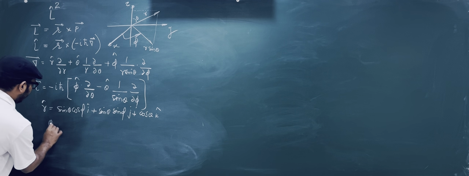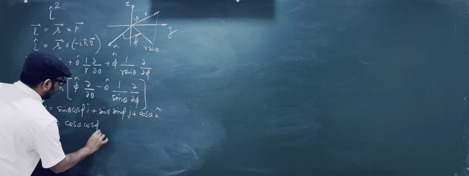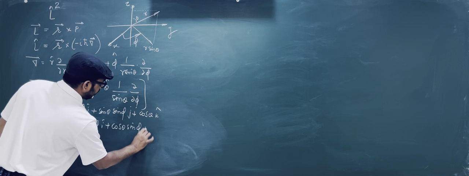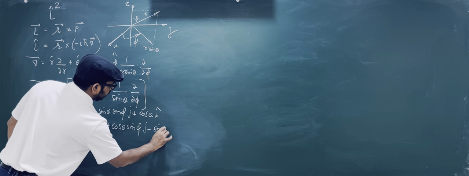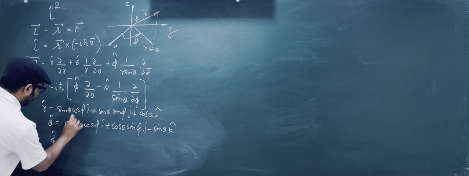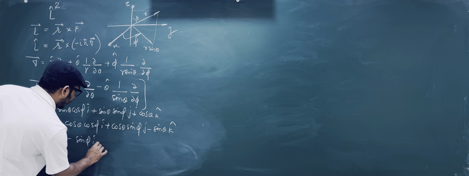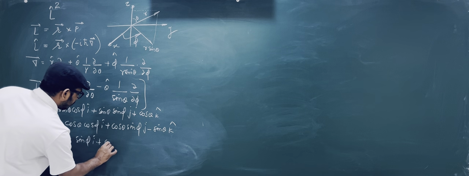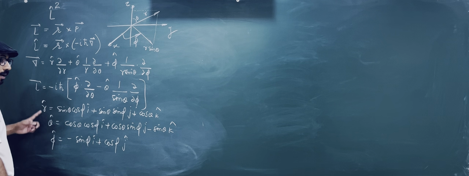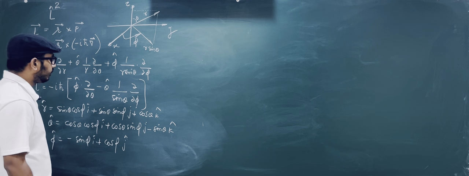Theta cap is cos theta cos phi i cap plus cos theta sin phi j cap minus sin theta k cap. Similarly, phi cap is minus sin phi i cap plus cos phi j cap. We get these two by differentiating with respect to phi and theta.